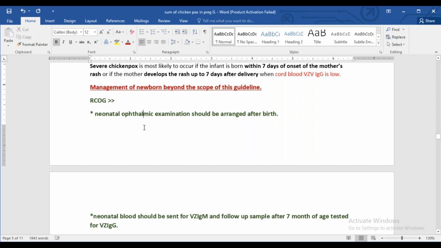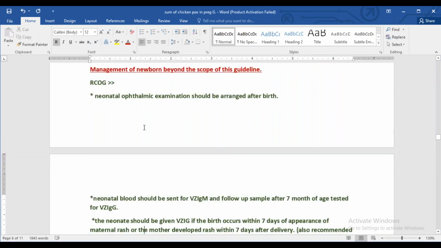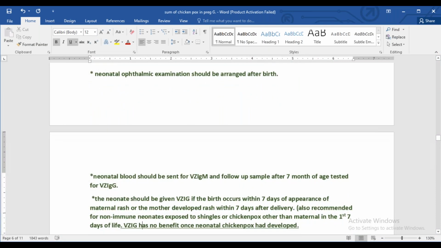It's not your job here. But according to RCOG, we have some points you have to know if you are going for MRCOG, or you can omit them if you are not. I'll just read for your interest.